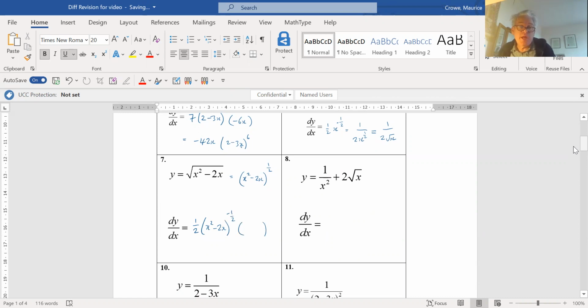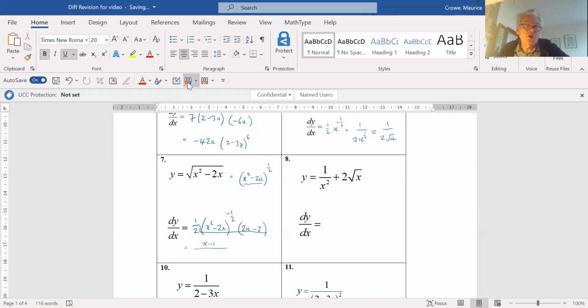Again, you multiply by the derivative of what's inside. That should give you 2x minus 2. Now, the 2 there is actually underneath the line, okay? See that 2 there? So that will cancel, that will divide in here, and you would get x minus 1 on top.